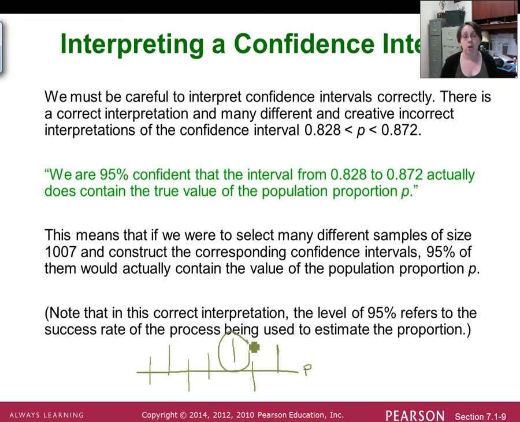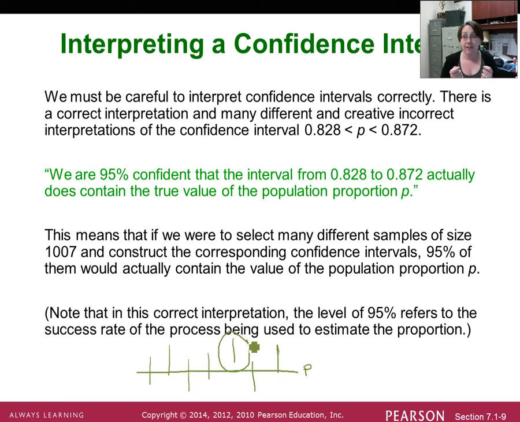that doesn't include P. So when we say we're 95% confident, we're saying that in all possible intervals that we could build, because remember, every single sample that you take gives you a different p hat to base your interval off of, all of these are different intervals that we could be working with.